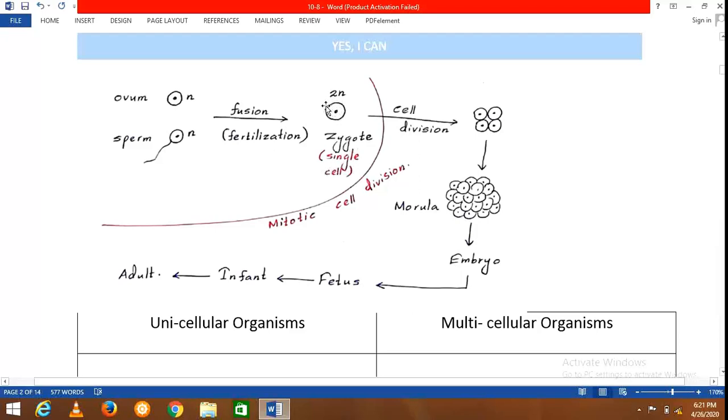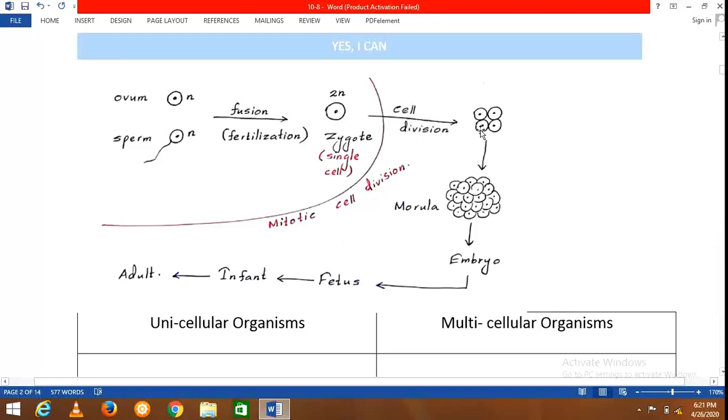Though we have several millions of cells in our body once we are grown up, our life begins with a single cell which we call the zygote. Then the zygote undergoes cell division. From here onwards, all these cell divisions are mitotic cell divisions, or what we call mitosis.